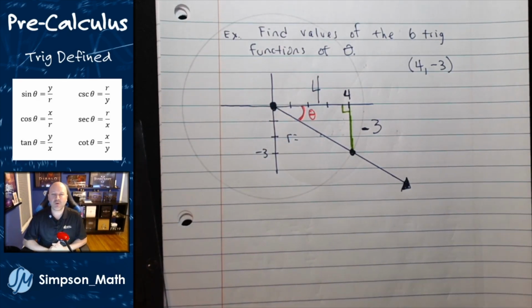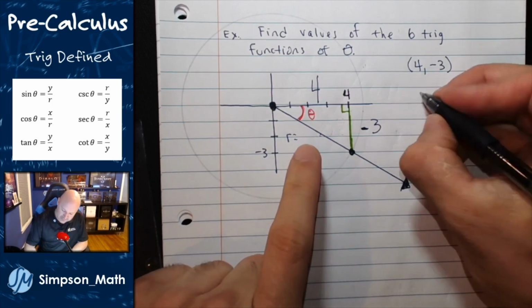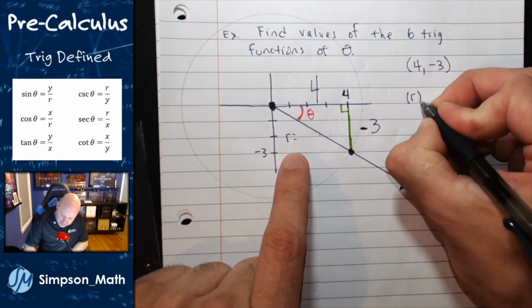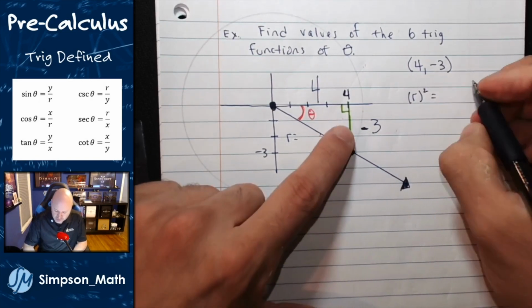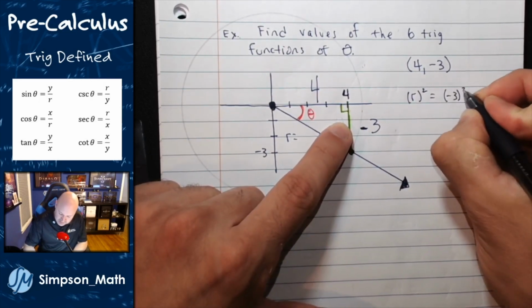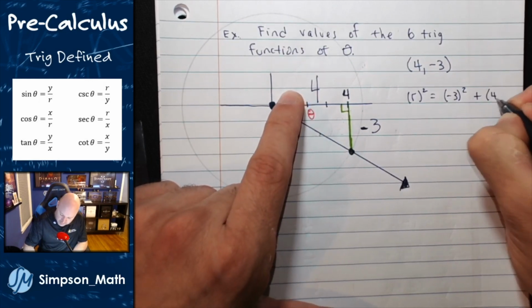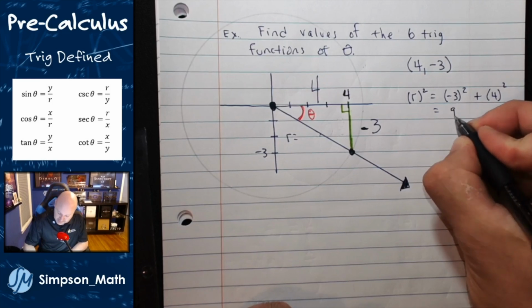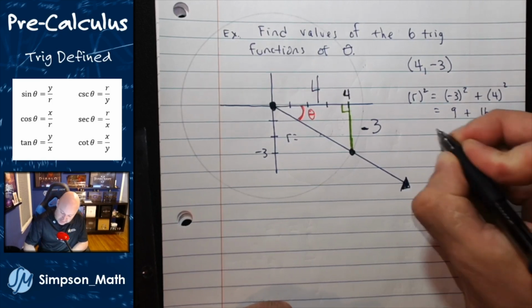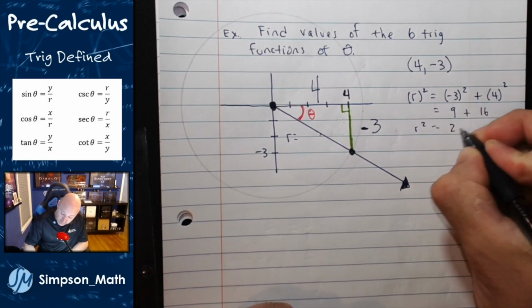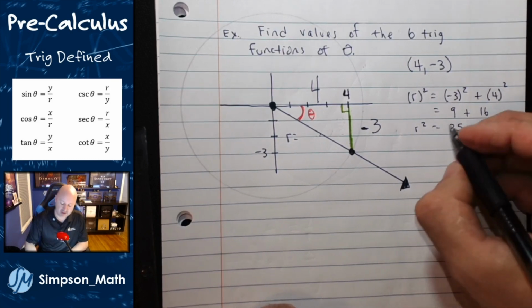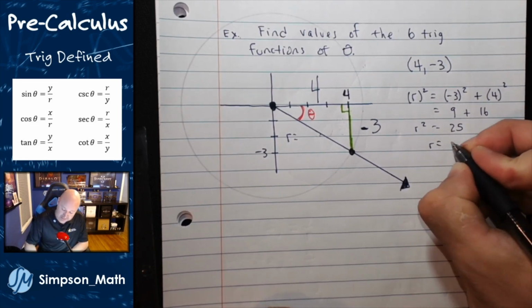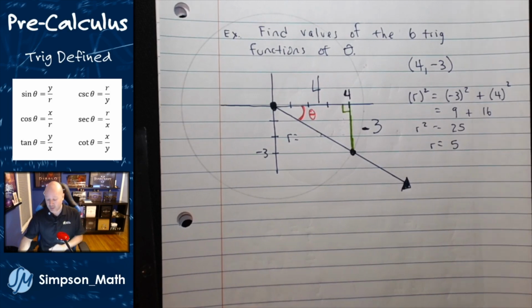I think I'm going to use the old Pythagorean theorem to figure out the radius. It says the hypotenuse squared is equal to those other two side lengths squared and summed. Negative 3 squared becomes positive 9. 4 squared is 16. Those add nicely to 25, so r, or the radius, is 5.